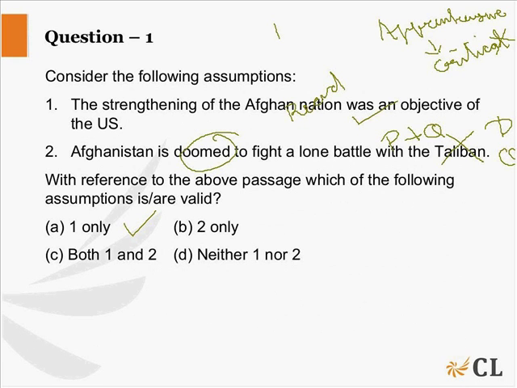Coming to question number 1, we said consider the following assumptions, right? The strengthening of the Afghan nation was an objective of the US. Yes, it was an objective of the US. Why? Because if you look even at the first paragraph, we were saying that the surge in Afghanistan. Why did the US come with a surge in Afghanistan? Because it wanted to remove terrorism from there, right? That is what is given in the passage.